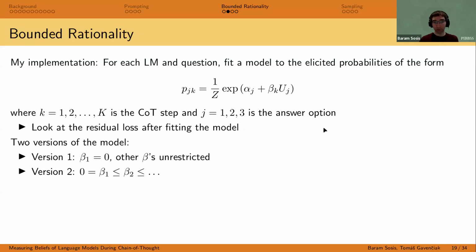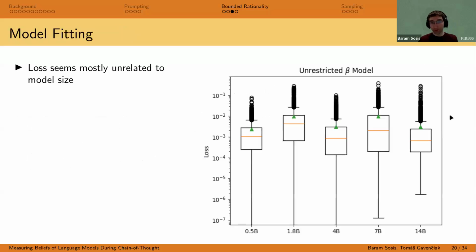Okay, so what do the results look like? This is just plotting the loss after fitting these models. And it's mostly just noise. I don't think it shows any clear relationship between language model size and the loss. This is for the first model with unrestricted beta values.